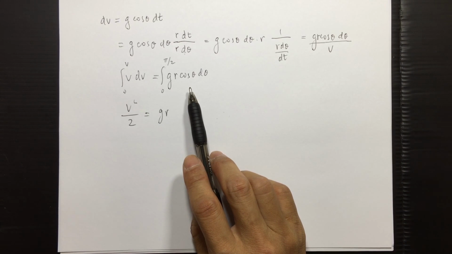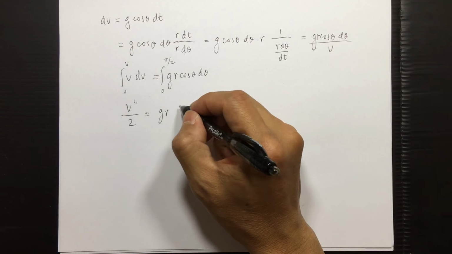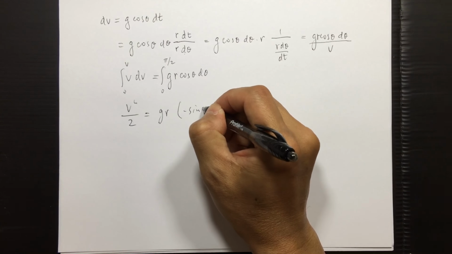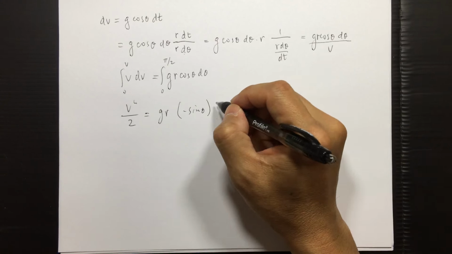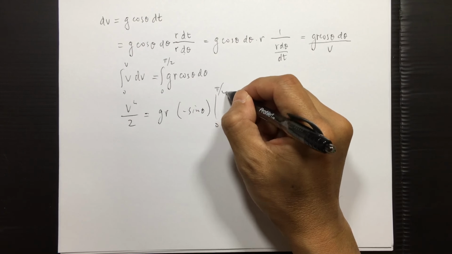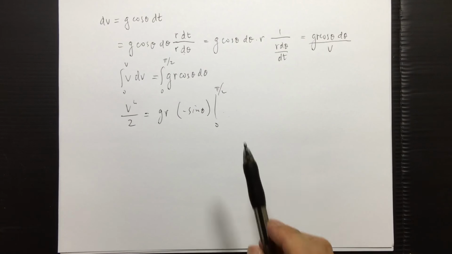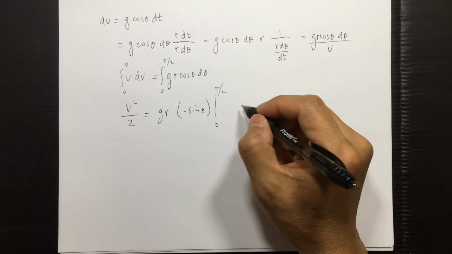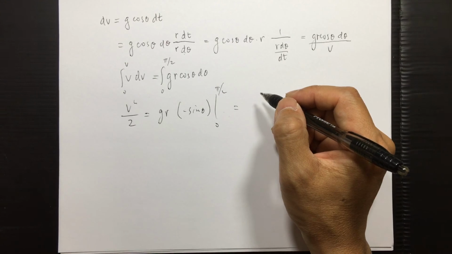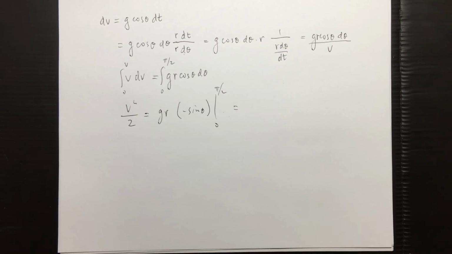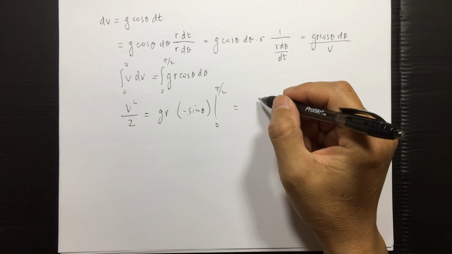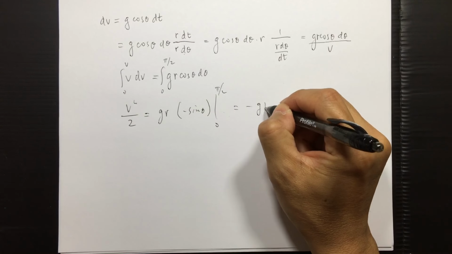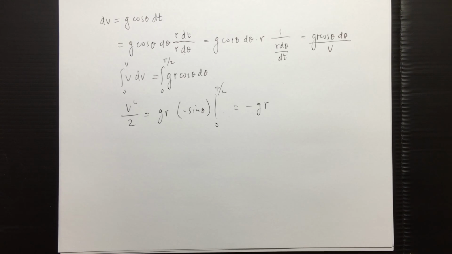Minus sign, yeah, minus sign. This is from 0 to pi over 2, and pi over 2 is 1, 0 is 0. So this equals to... Okay, something is wrong about it. That minus sign is going to be a problem. Minus g r, right?